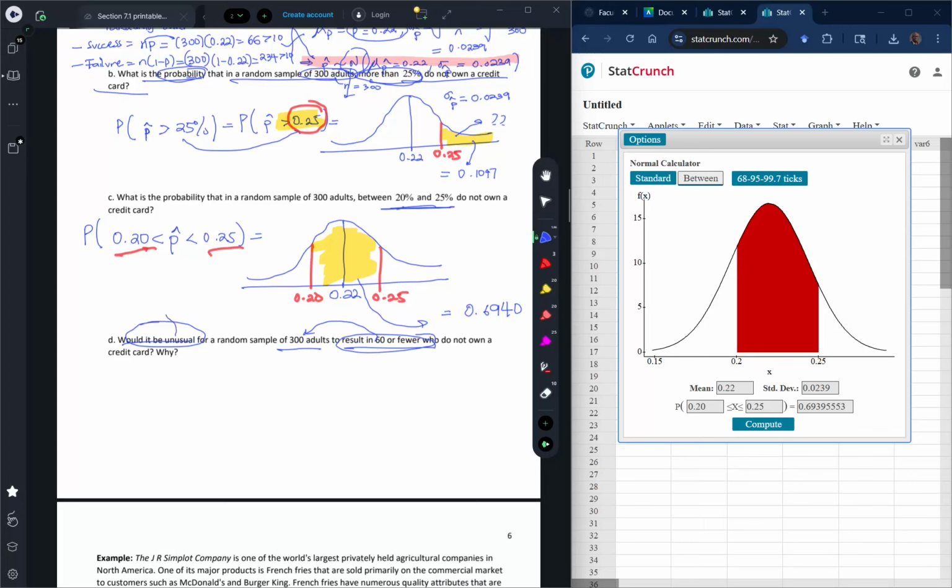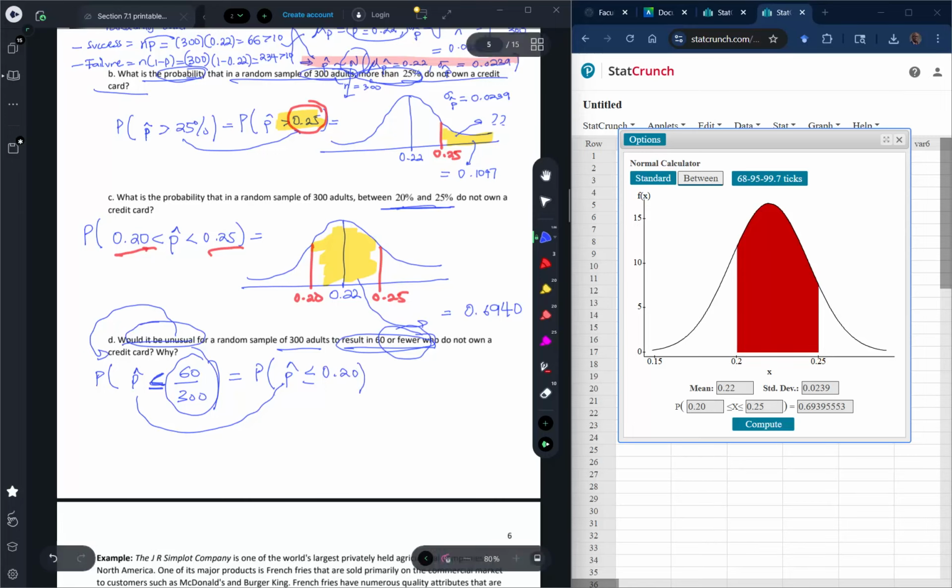So in this case, we're looking at the probability that the sample proportion, out of this 300, is 60 or fewer, that is, less than or equal to 60. Would it be an unusual event? That will be the probability that P-hat is less than 60 divided by 300. What would that be? That is 0.20.